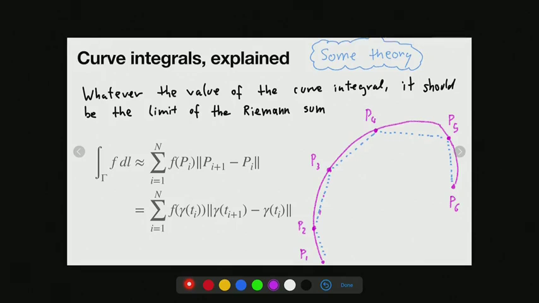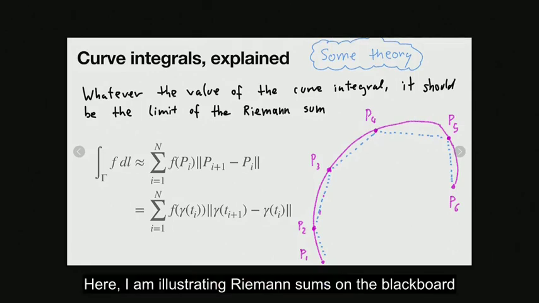Just as a refresher, if I got an integral over some interval from a to b, how again did we define the integral? We had a function f that is defined over this interval from a to b, and the integral was defined using a Riemann sum.